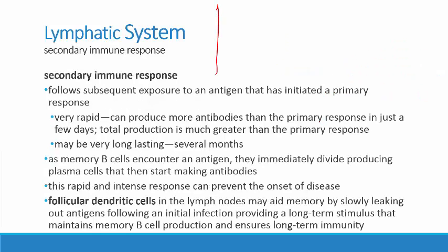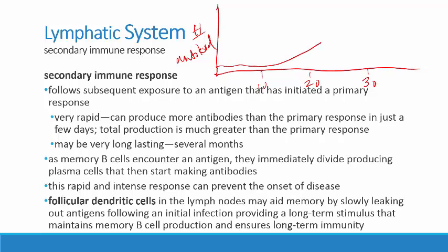So let's get this graph back up again. Here's day 10, here's day 20, here's day 30. And again, we've got the number of antibodies. And if you recall, we had an increase until we hit peak, and then a decrease.